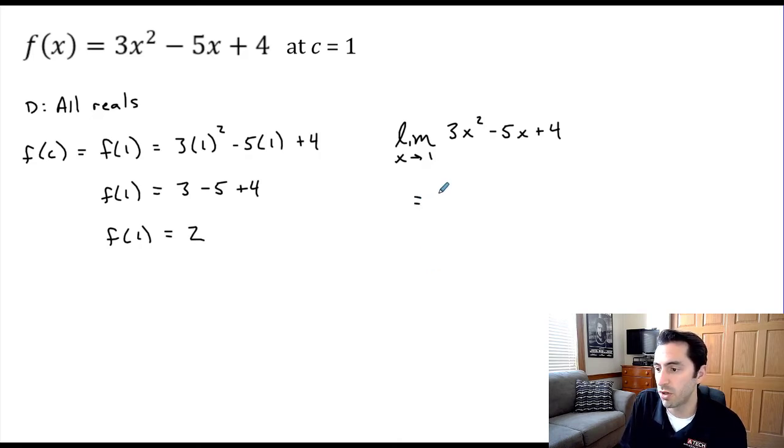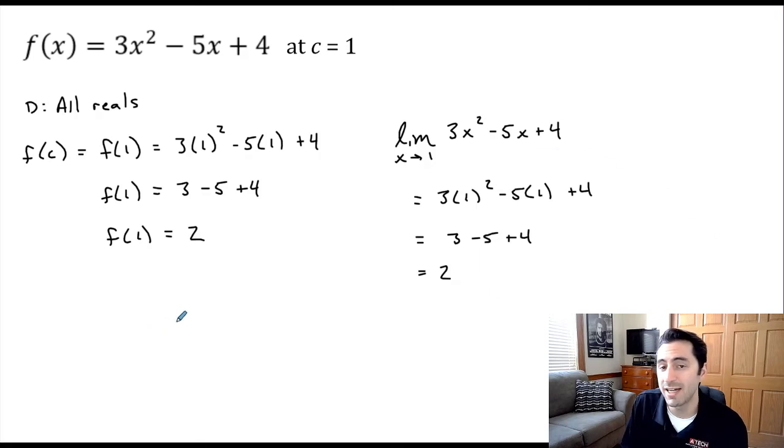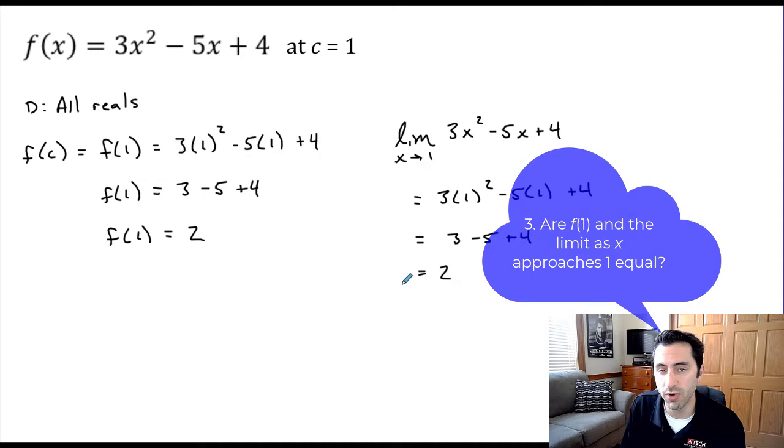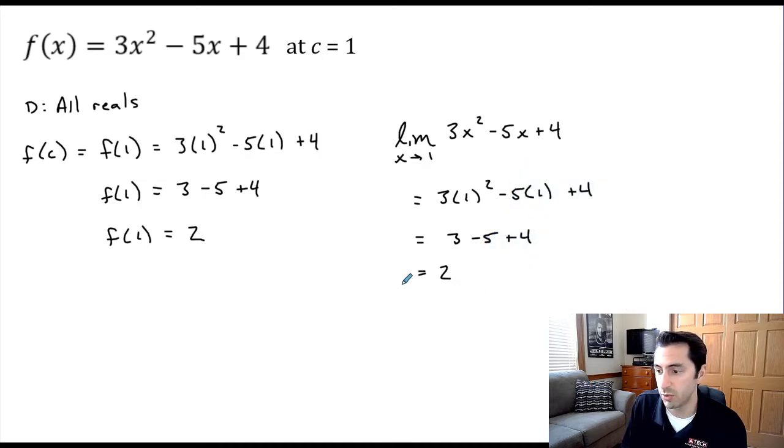So substituting in 1 for x, and simplifying, we get 3 minus 5 plus 4, so we end up with 2. All right, so the limit does exist. And now the last piece of the three-part definition is that the function value at 1 and the limit as we approach 1 have to be the same, which we can see they are both 2. So that means that yes, this is continuous at that value.